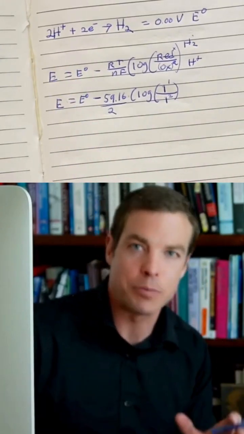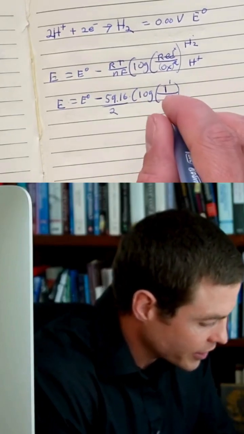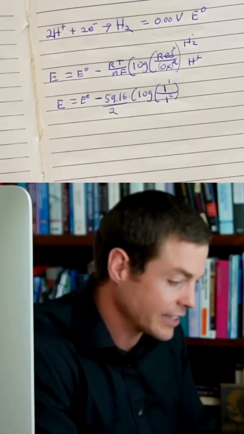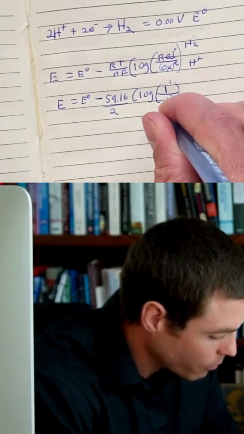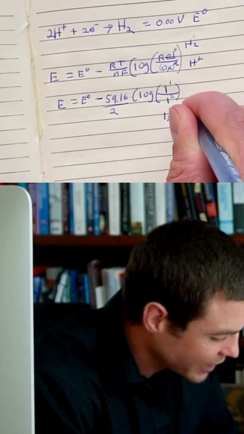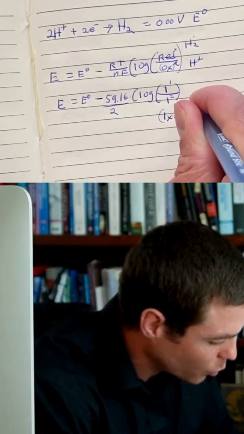Now let's change the pH and see what happens. That means this denominator, instead of being just 1, we're going to make the pH 7. So pH 7, you just take the antilog of that, and you would get 1 times 10 to the negative 7. This is going to be the denominator here, so we will square this just like we did here.